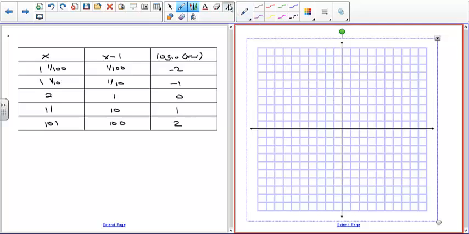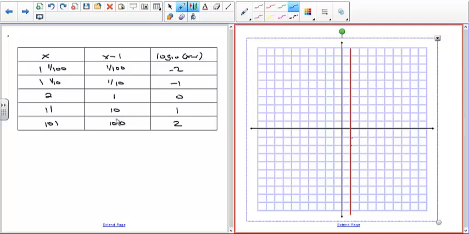So let's go ahead and draw a vertical asymptote here at 1. At y equals -2, we have an x of almost right there. Then at y equals -1, we have a 10th, which is going to be right like that. At 2, we have 0.